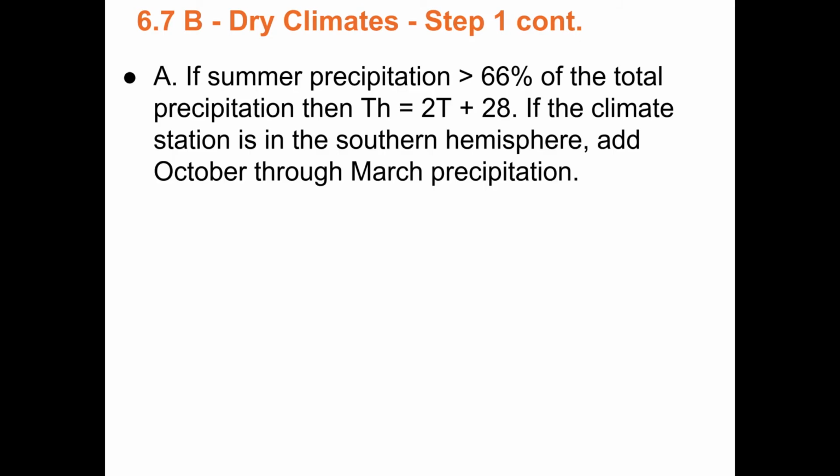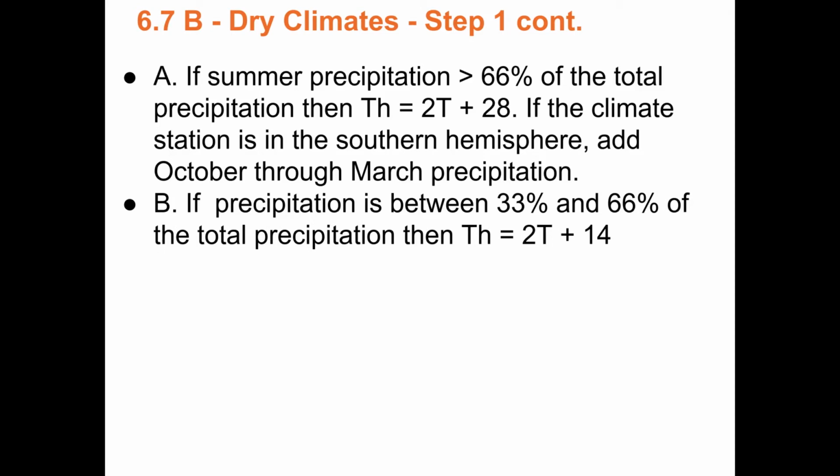And now we get into the nitty-gritty. So you've added up the summer rainfall. You've divided that by the total rainfall to determine what percent of the rain falls in the summer. If more than 2/3 of the rain falls in the summer, then TH equals 2T plus 28.